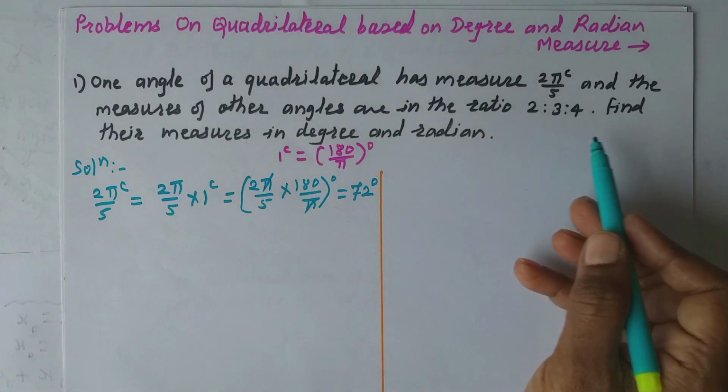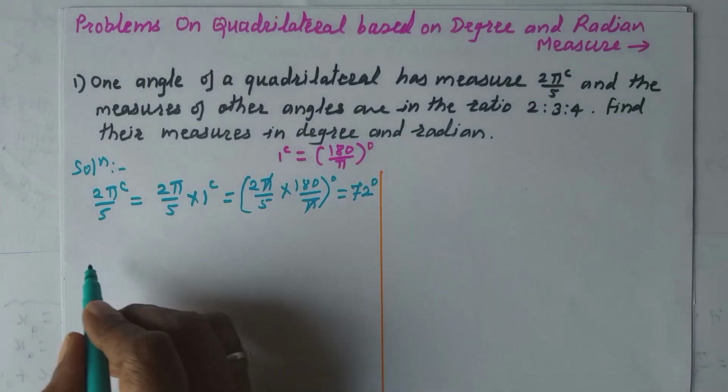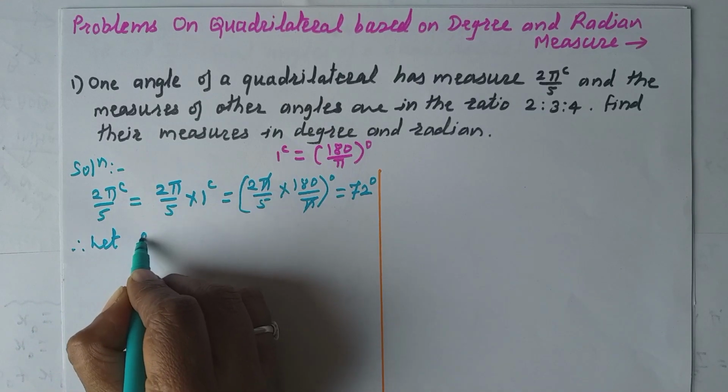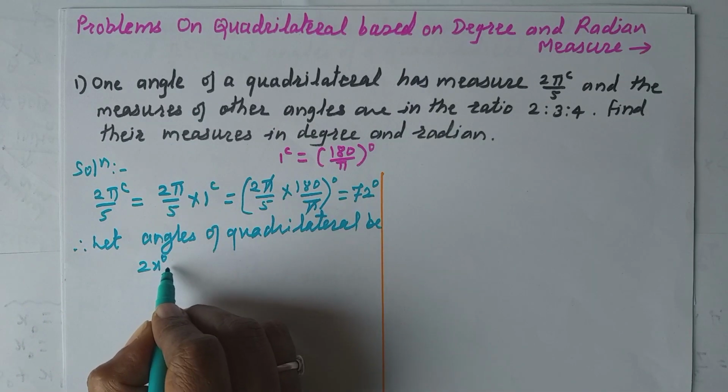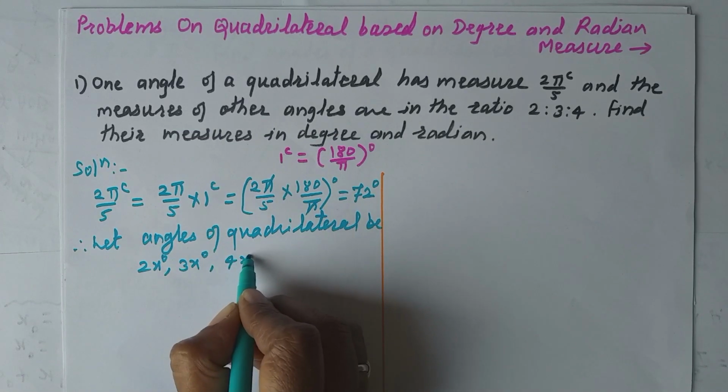Now what is next given? Remaining angles are in the ratio 2 is to 3 is to 4. Therefore, write down here: let the angles of the quadrilateral be 2x degree, 3x degree and 4x degree.